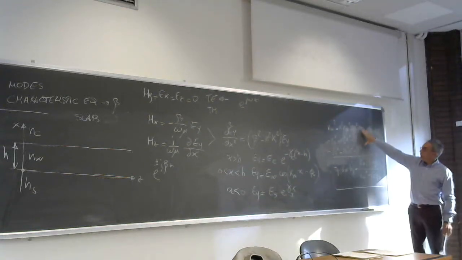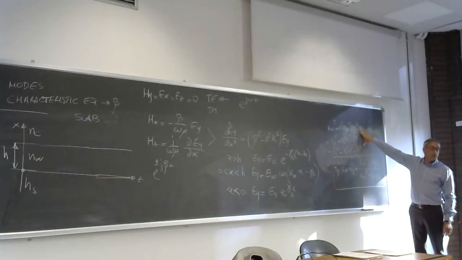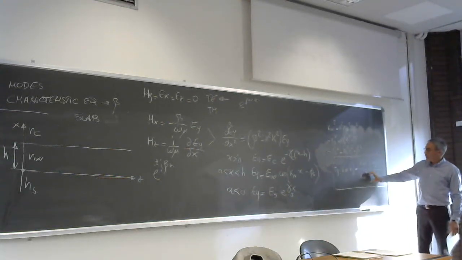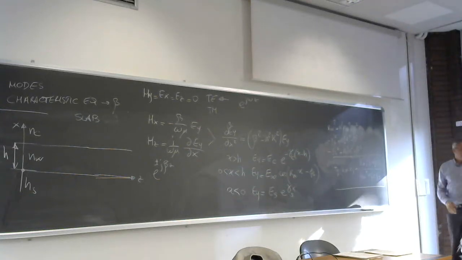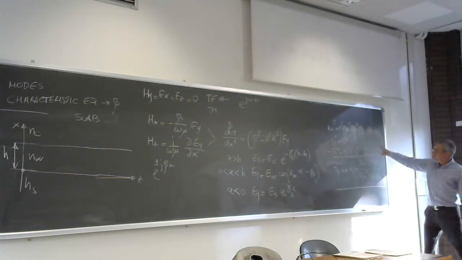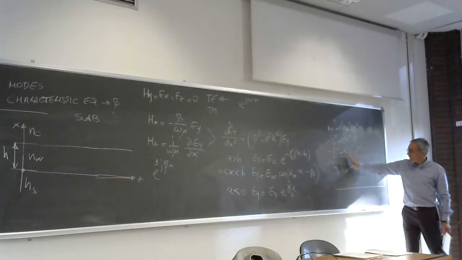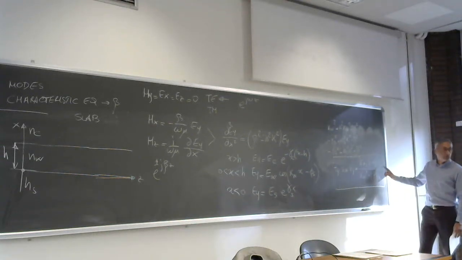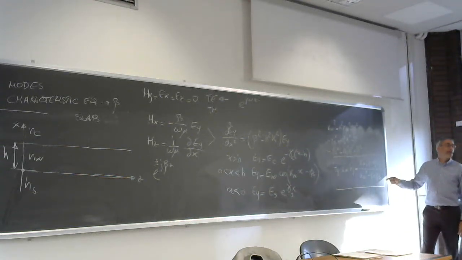We basically eliminated beta, the propagation constant, from this set of equations. The details of how to arrive here are written in the notes. It's not very important. What is important is that we arrive at an equation that we call the characteristic equation.